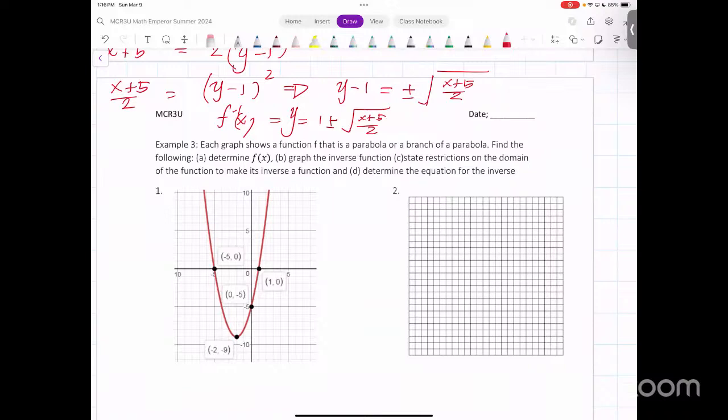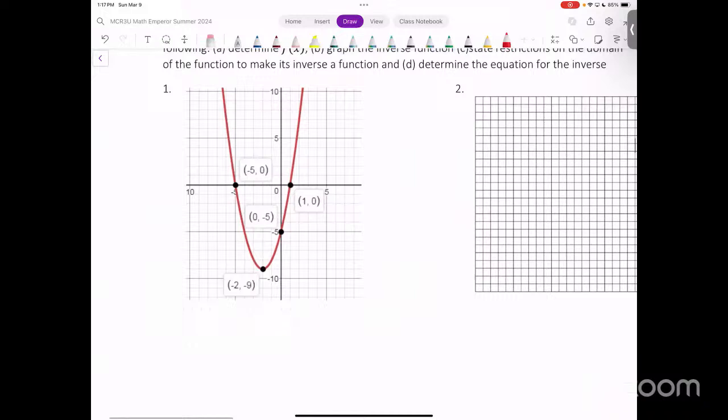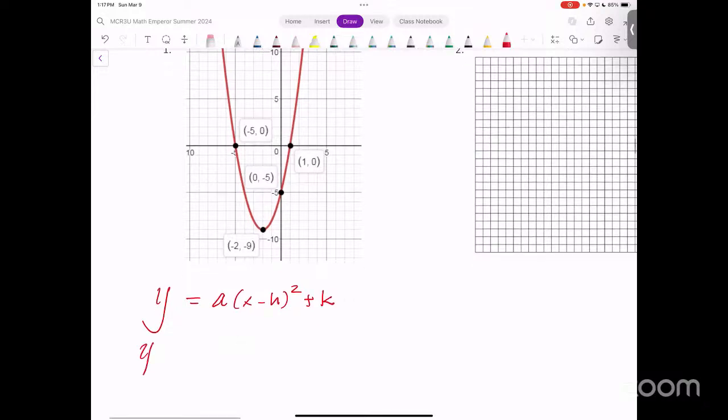Each graph shows the function f that is a branch of a parabola. Find the following. Determine f of x. Graph the inverse. Take the restriction on the domain. So let's go back to how to find the equation. To find the equation of a parabola, we can always go back to the vertex form. Kaja, what is the vertex? Negative 2, negative 9.